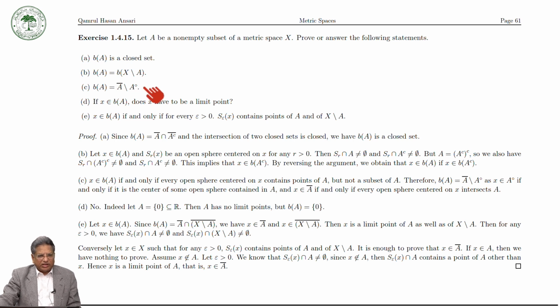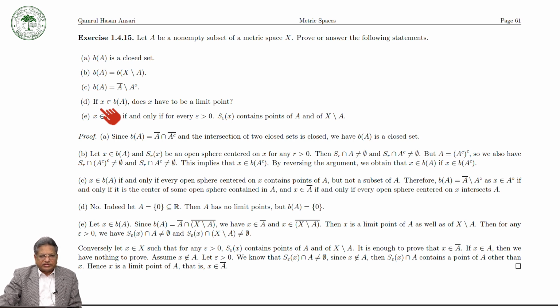Now statement D is that if X is a boundary point of A, does X have to be a limit point? In other words, can we say that every boundary point is a limit point?